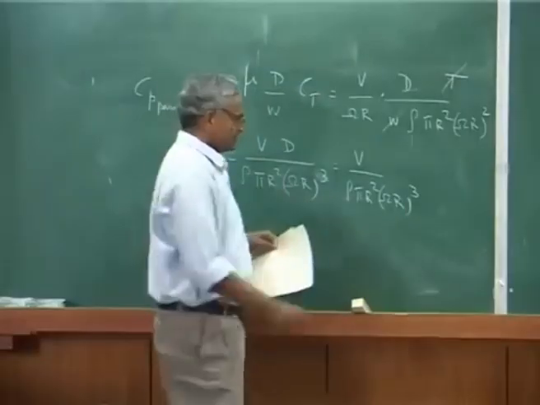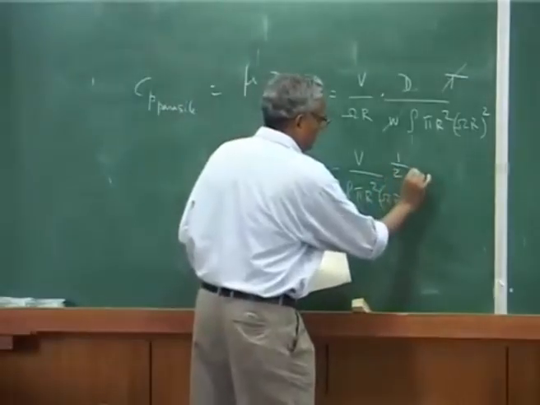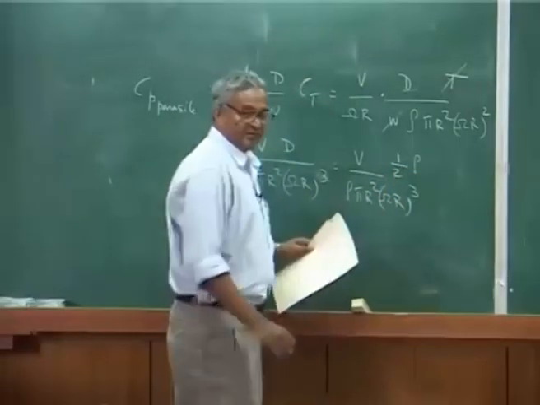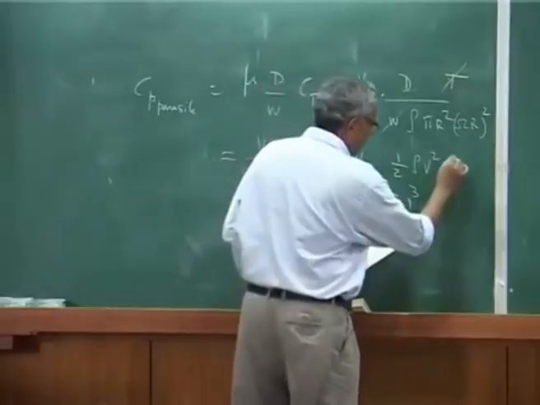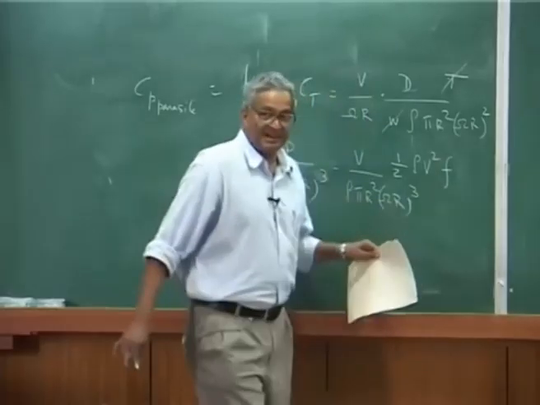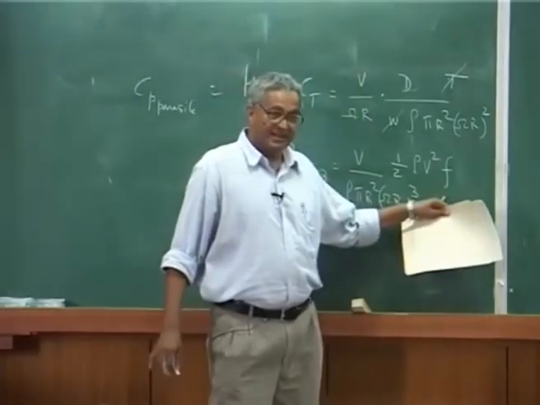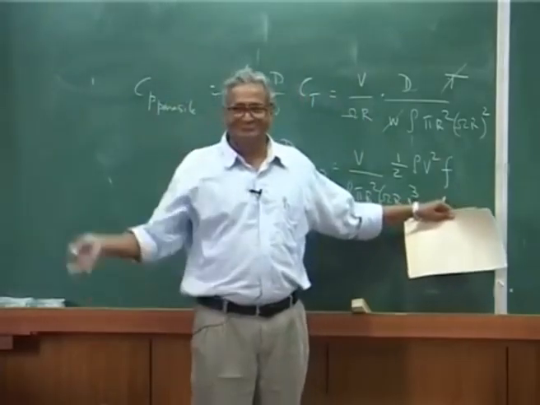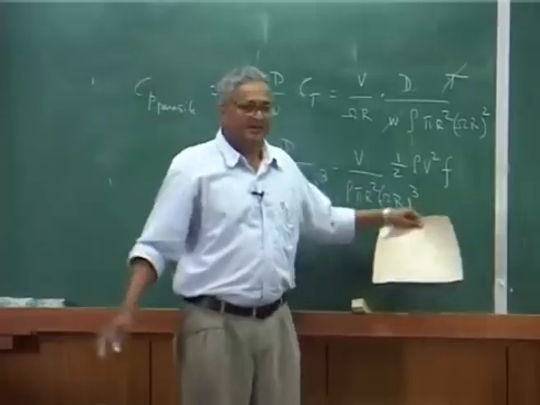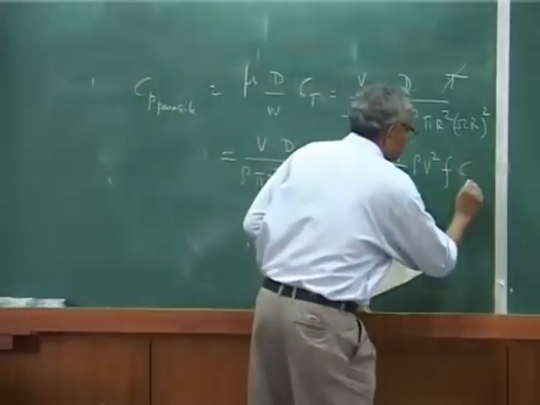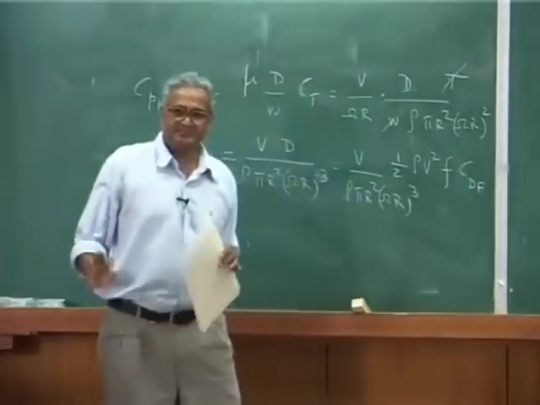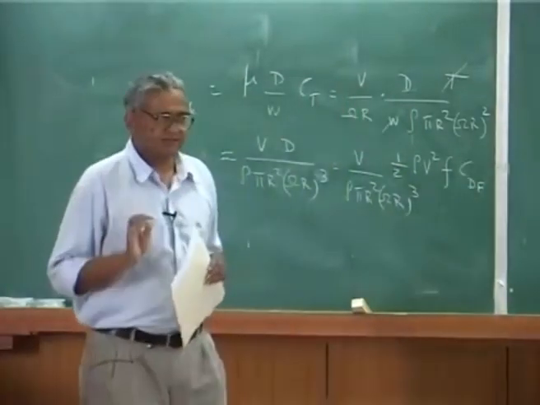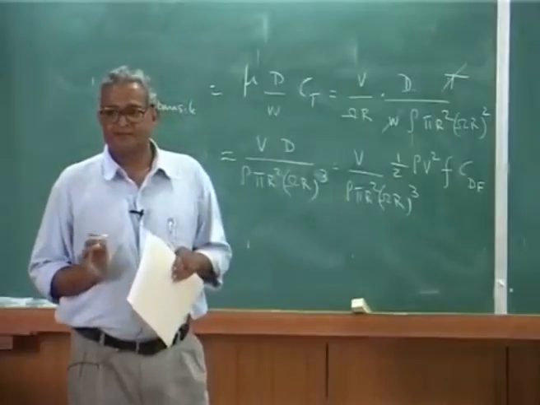Drag force you write it as half rho V square into some frontal area, please understand I am using the word frontal area of some body, into a CD fuselage, some drag coefficient. Okay.